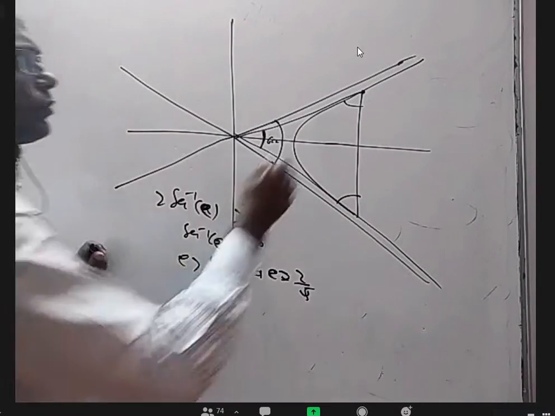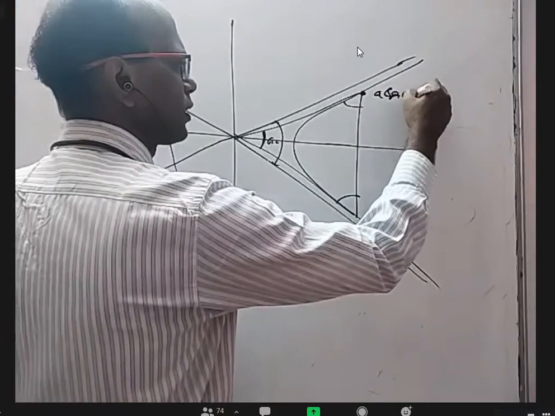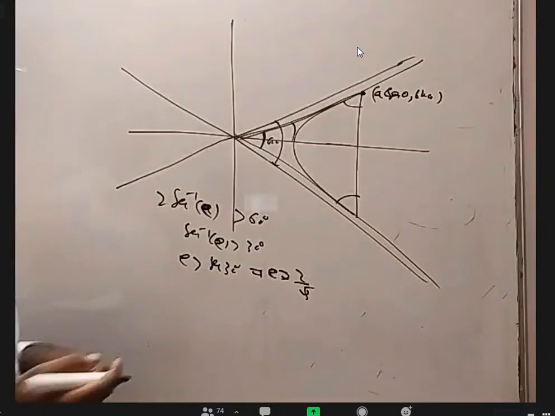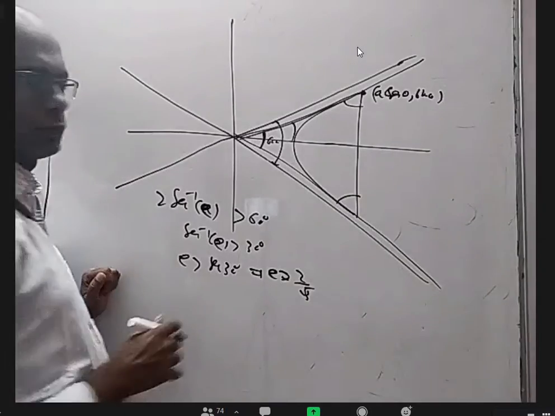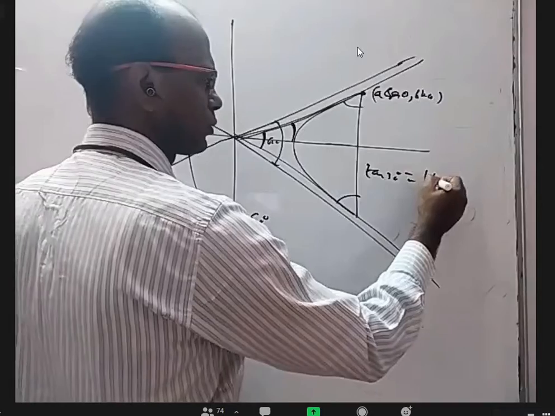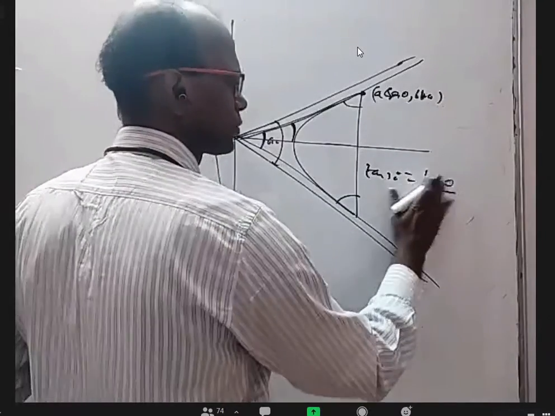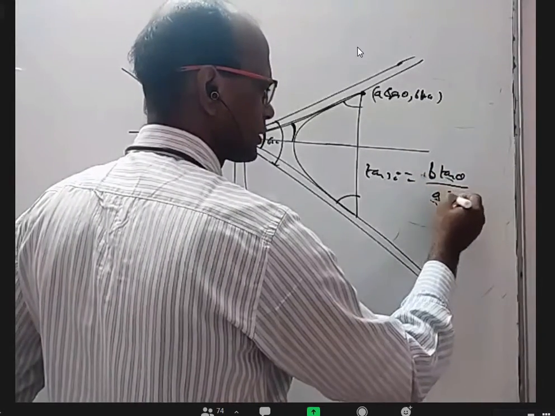Almost the same. If you take a point here as a secant theta, comma b tan theta, this slope should be tan 30, right? This angle is 30. So tan 30 degrees equals b tan theta by a secant theta.